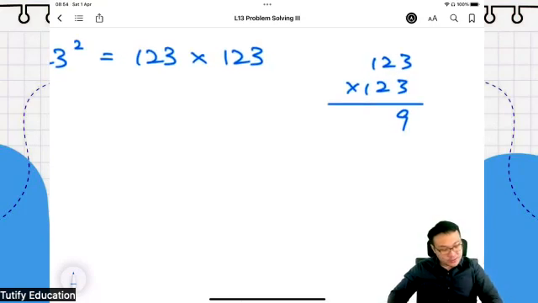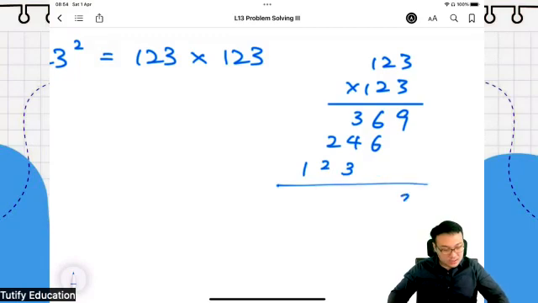I just want to prove something. 3 times 3 is 9, 2 times 3 is 6, 1 times 3 is 3, then 3 times 2 is 6, 2 times 2 is 4, 1 times 2 is 2, then 3 times 1 is 3. So the answer is like that.